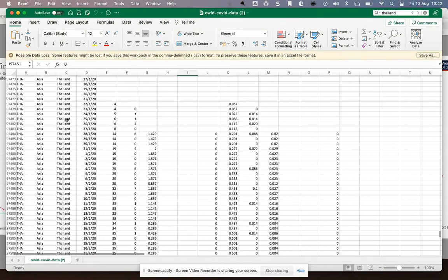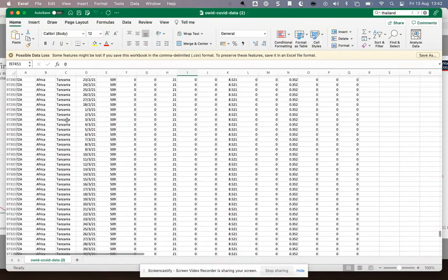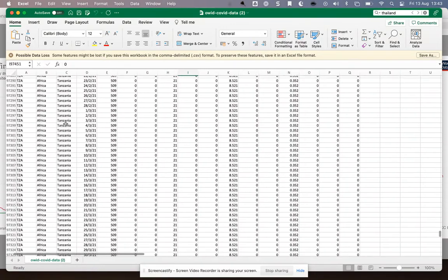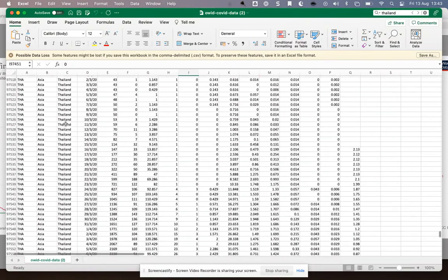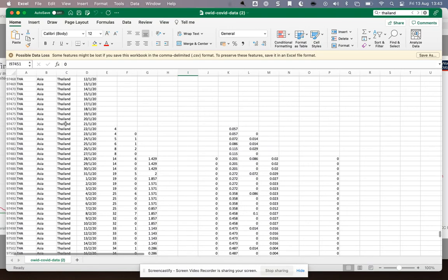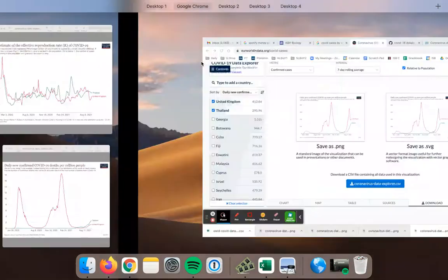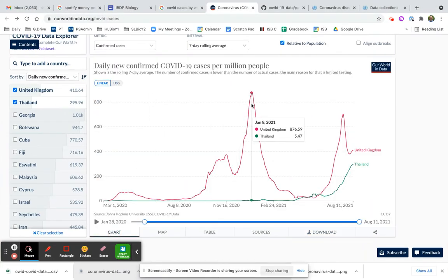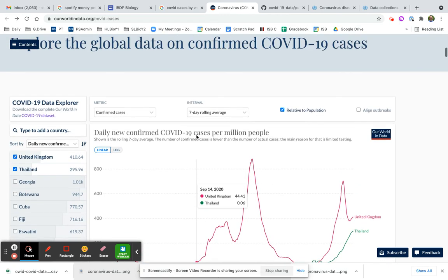So then it has all the Thailand data, basically the number of cases since the beginning of the pandemic. Oops, it's Tanzania now. So you could access that and use that somehow. The other option, again, we're looking at the 7-day average. You could just pull out that data on those different days too. This is the number of cases per million people, so you could easily pull the data off that also.